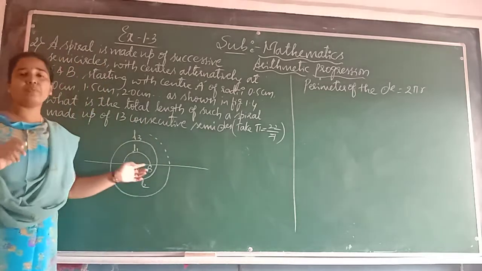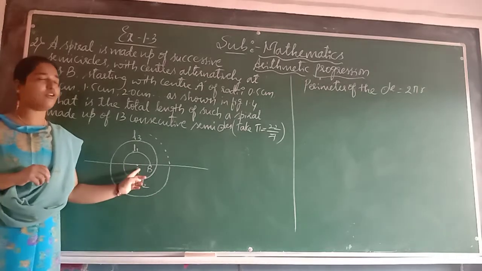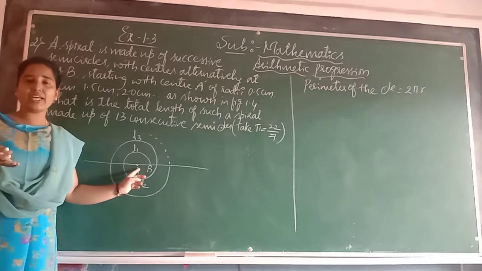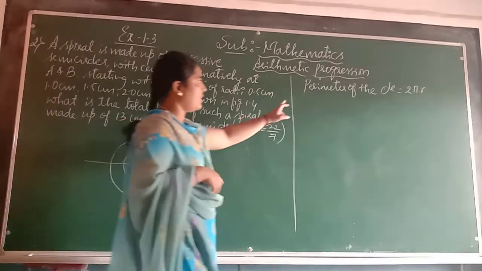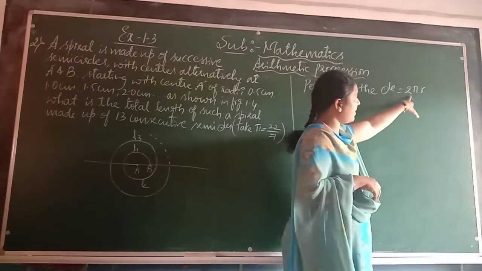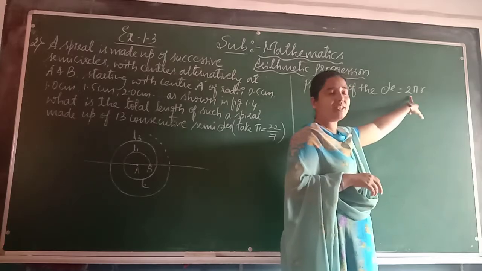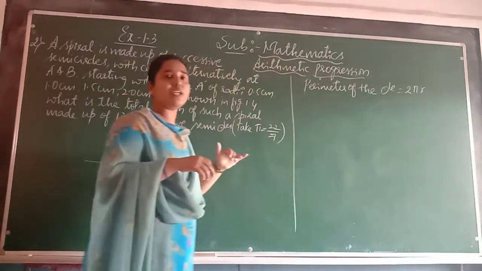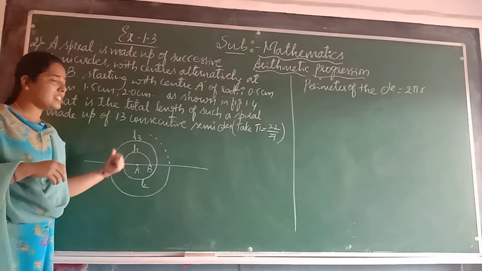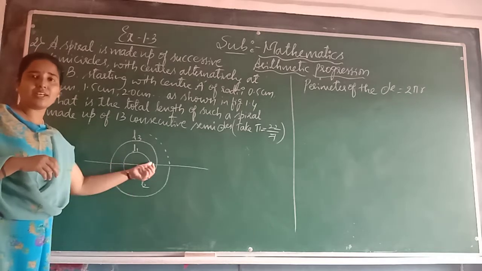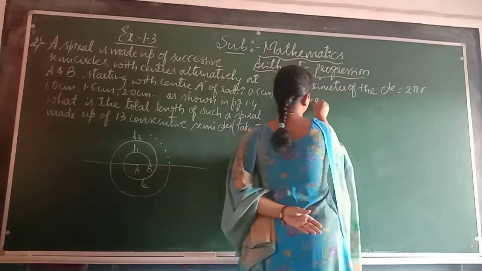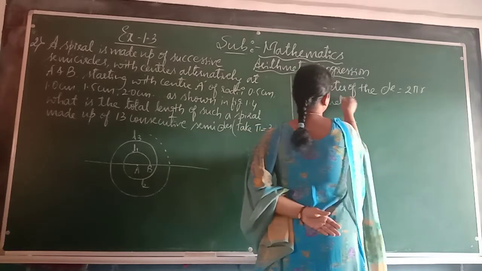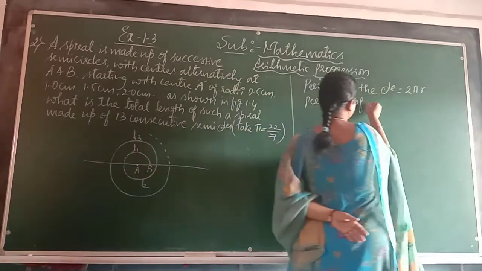We already know the circumference of a circle formula is 2 pi r. Circumference or perimeter, both are the same. The perimeter of a circle formula is 2 pi r. Then that one we will reduce into semicircles because the spiral is in a semicircle shape. That's why write it: perimeter of semicircle.